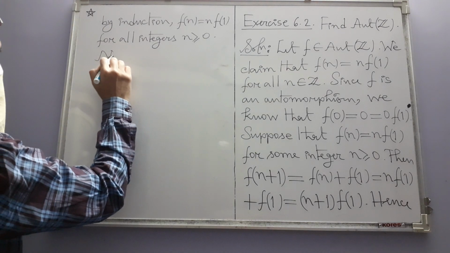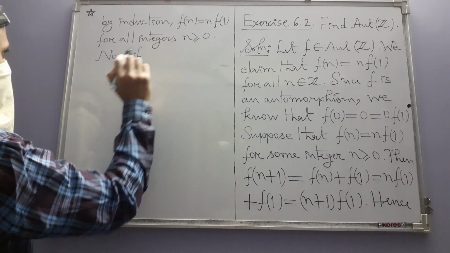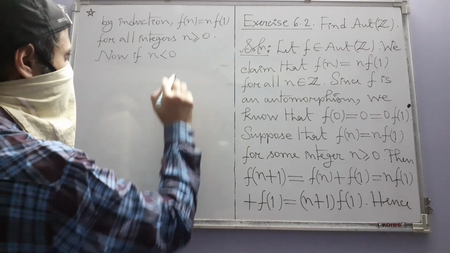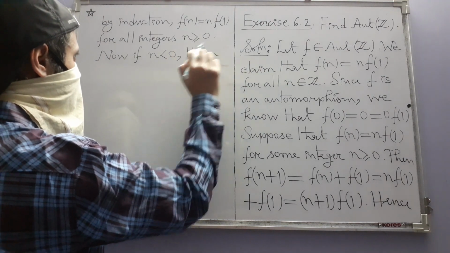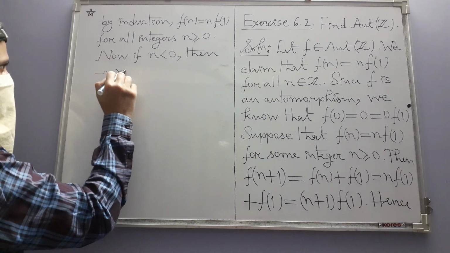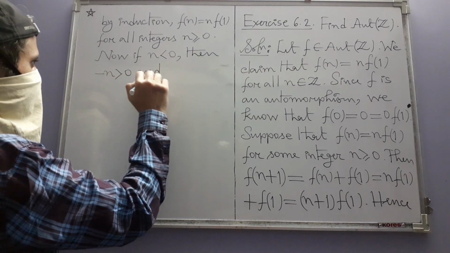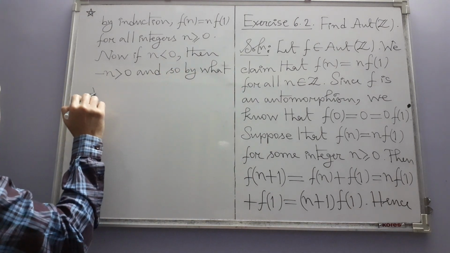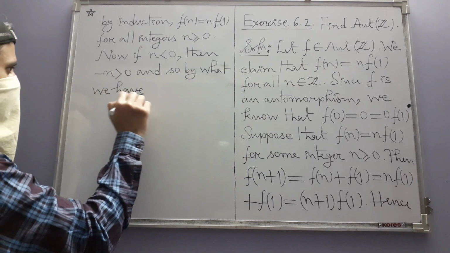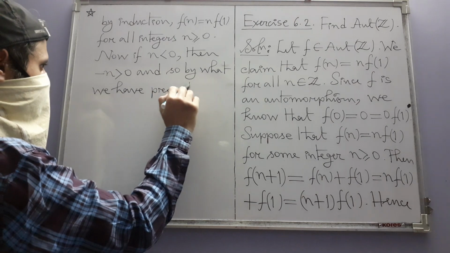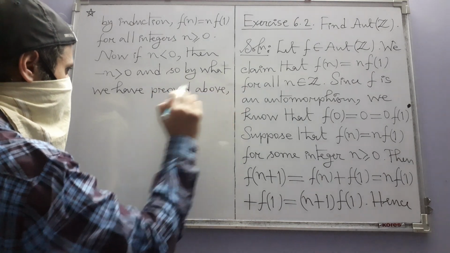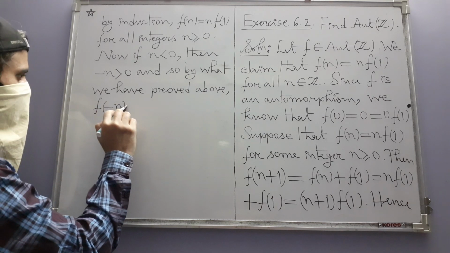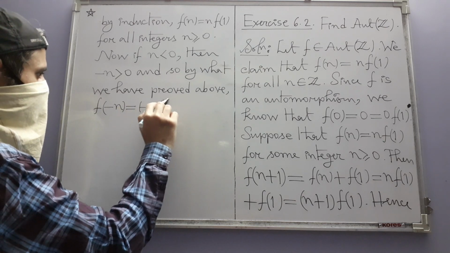Now, if n is a negative integer, then minus n is a positive integer, and so by what we have proved above, f of minus n should be equal to minus n times f of 1.